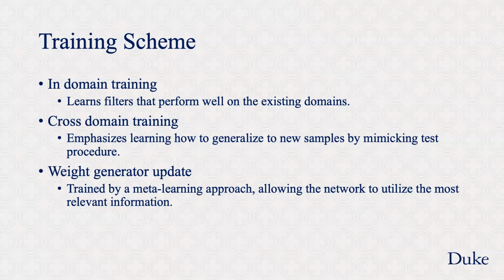And we use a meta-learning update scheme to give accurate filter weights and encourage high label classification accuracy by bridging the in-domain and cross-domain training losses in the gradient space. The whole training framework iteratively conducts in-domain training, cross-domain training, and weight generator updates.